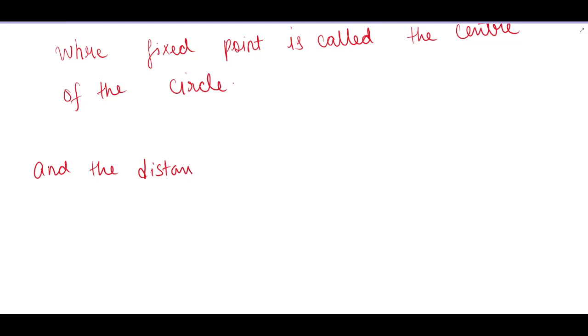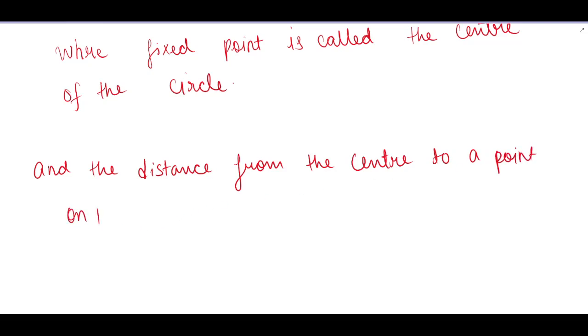And the distance from the center to a point on the circle is called the radius of the circle.